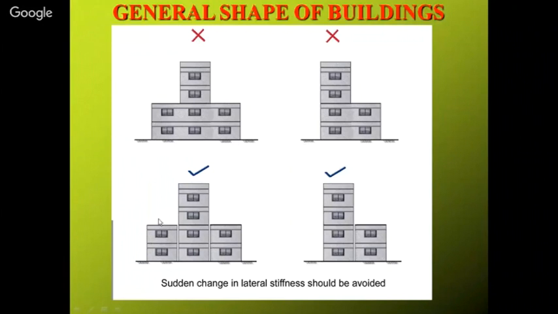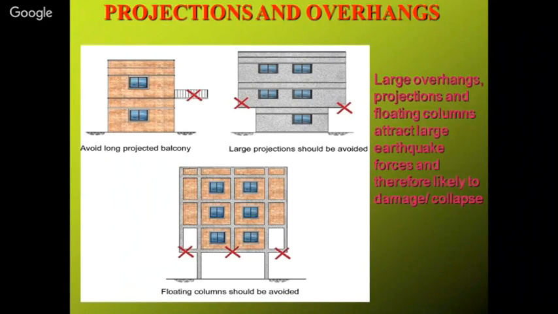The smaller adjoining building can hit the taller building on this particular portion, and it can damage your building from here. So it is called the pounding effect. The smaller building is hitting the larger building in case of earthquake, if you do not have a sufficient gap of separation joint.